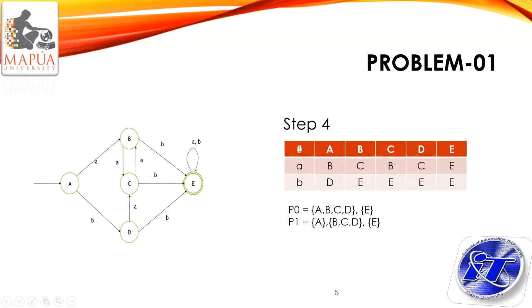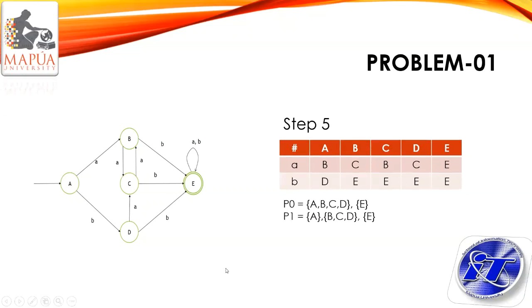Okay, so let's check. Step 5, BCD. If B encounters A, it will go to C. Same group. B with B, still goes to E. How about C? It encounters A, it will go to B. Same group.